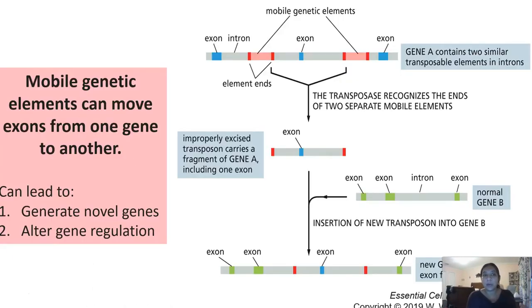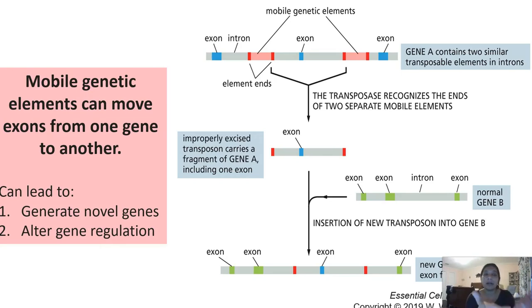Now looking at what they can do. Once you have a mobile genetic element in a genome, it can lead to many different outcomes. Many times these mobile genetic elements insert themselves into intronic sequences.